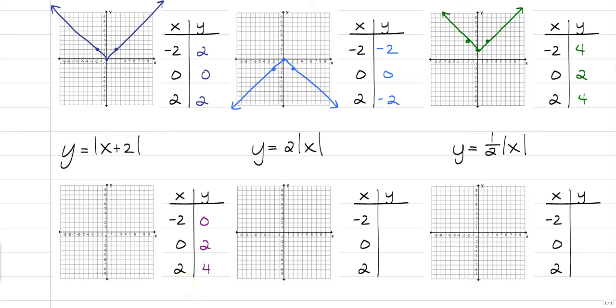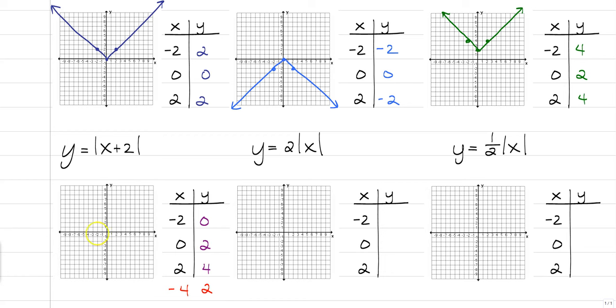So now we need to go backwards a little bit. I'm going to throw in one more coordinate here, and let's just say a negative 4. Negative 4 plus 2 is a negative 2, and the absolute value is going to be 2. Okay, so I want to show you what just happened here.